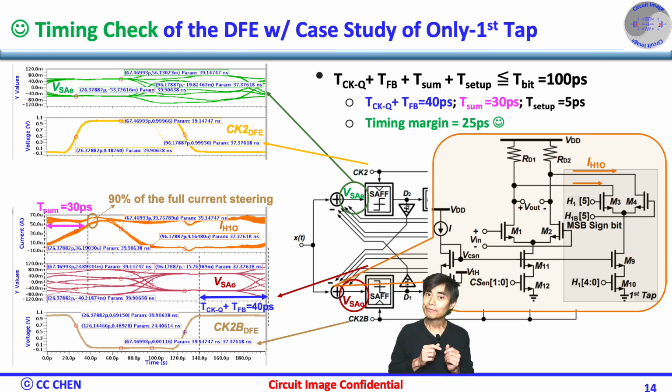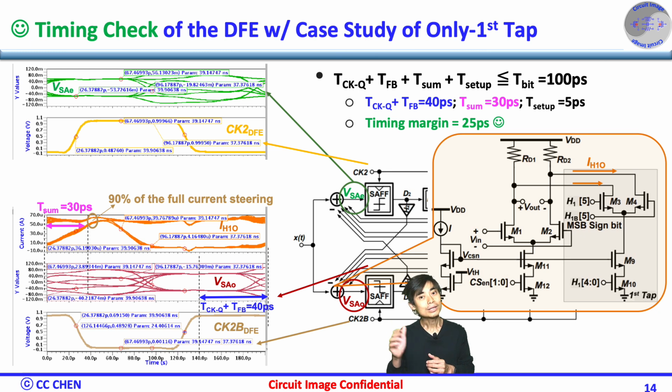Then, the buffer drives the summer's differential pair with another 30 picoseconds for the current switching, completing around 90% of the full current steering. The simplest setup time was 5 picoseconds in the design. Therefore, the total closed-loop feedback timing is 75 picoseconds, which has another 25 picosecond margin for 10 gigabit per second operation in the first tap DFE, not other taps.